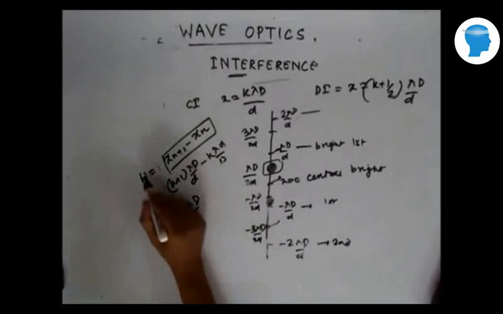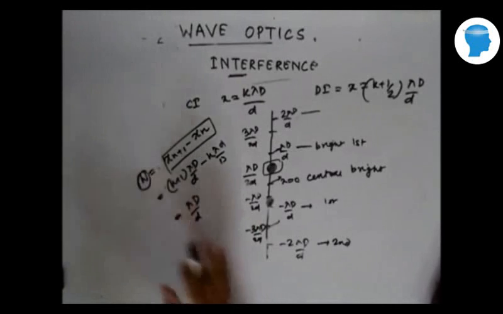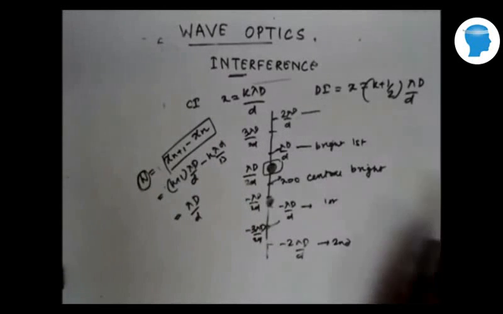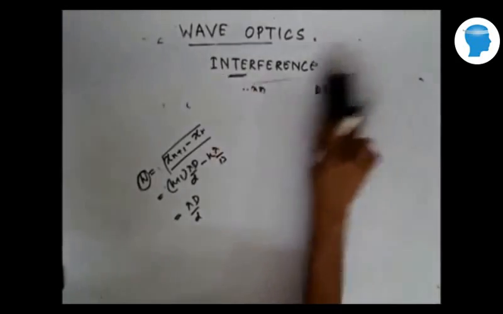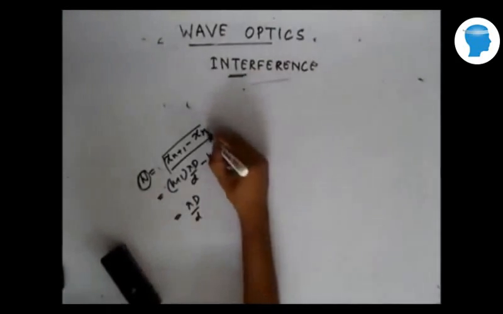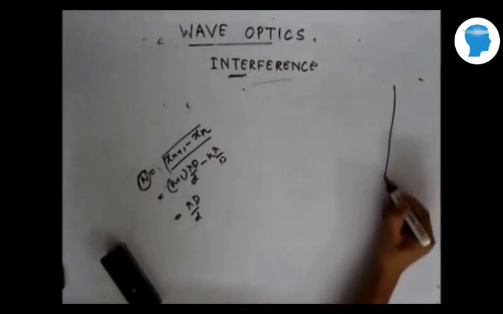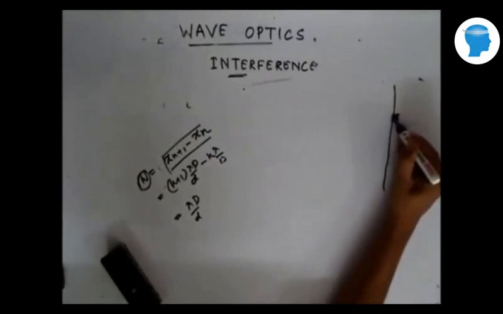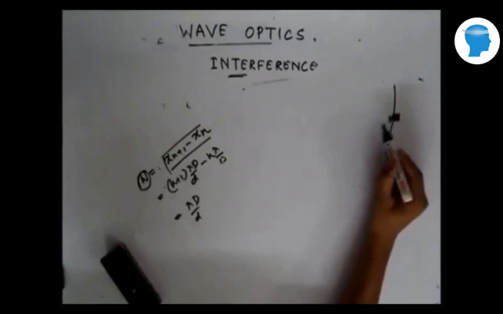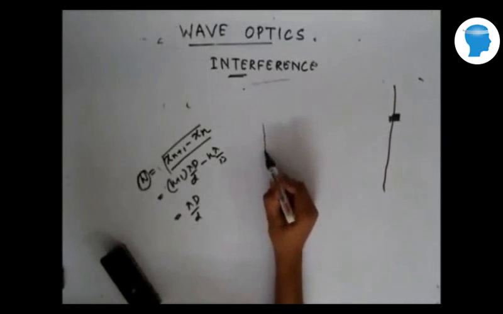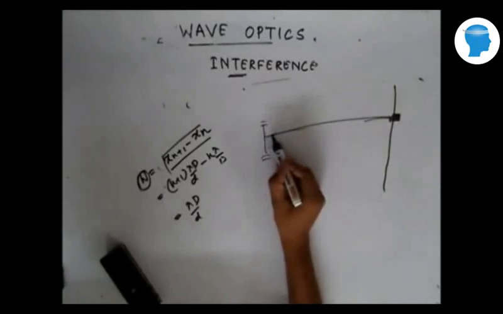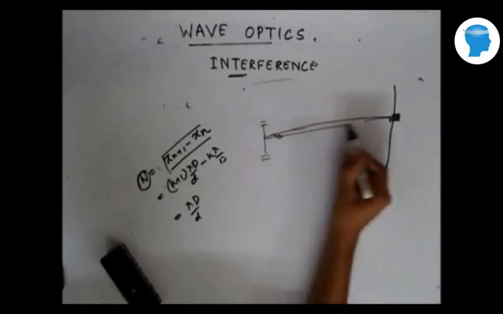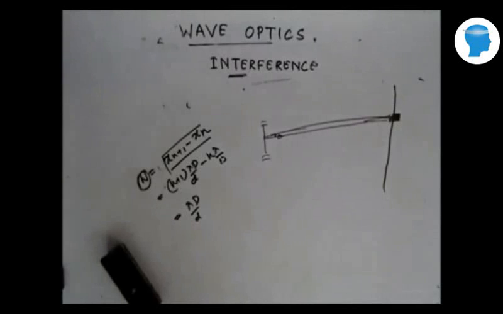Now besides the width of the fringe, we have something called the angular fringe width. How we define angular fringe width is this: let's say I have a dark fringe here. What is the angle subtended by this dark fringe? It will subtend some angle, so we have to find this angle. This is known as the angular fringe width.